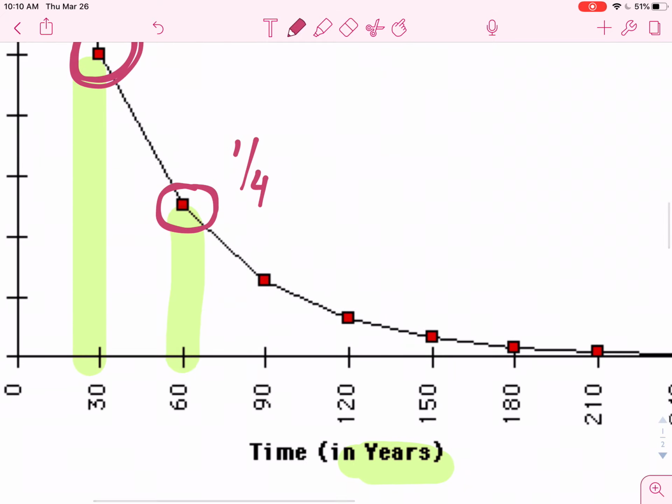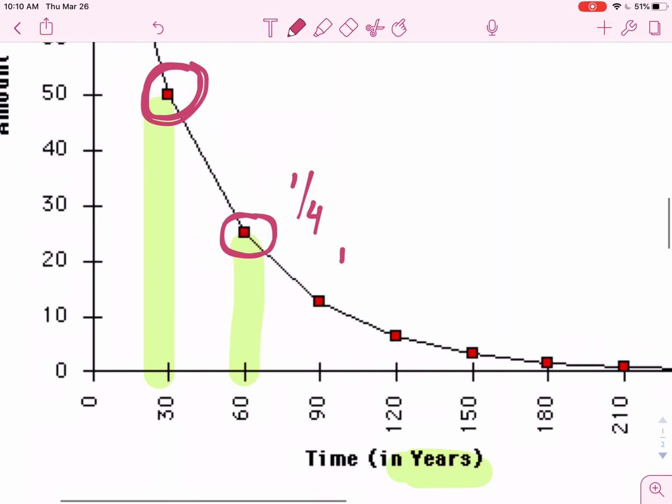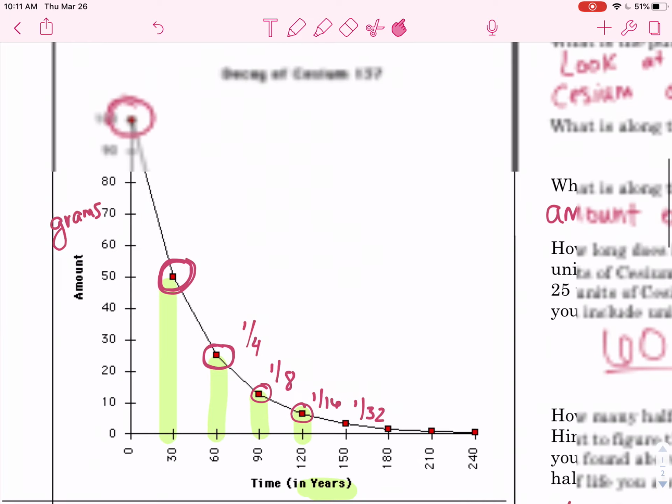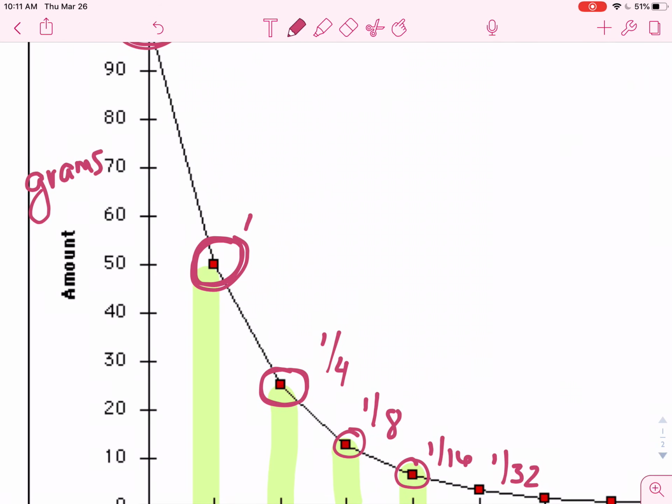A fossil that has 1/8 of its cesium left is going to be 90 years old. A fossil that has 1/16 of its cesium left is going to be 120 years old, and so on until 1/32. But it all starts off with knowing the half-life, which is 30 years.